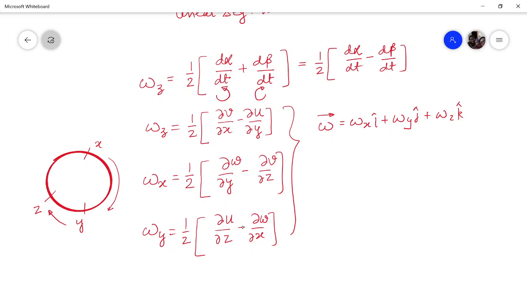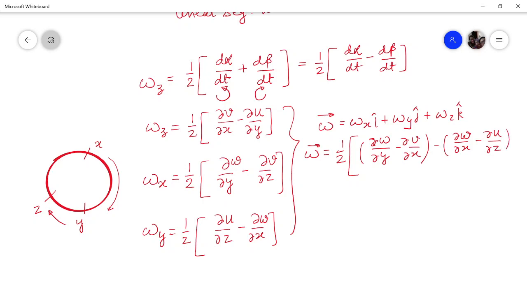If you write everything in proper sense, that is, 1 by 2 times del w by del y minus del v by del z, then taking the negative sign outside, del w by del x minus del u by del z, and then in the z direction, del v by del x minus del u by del y.